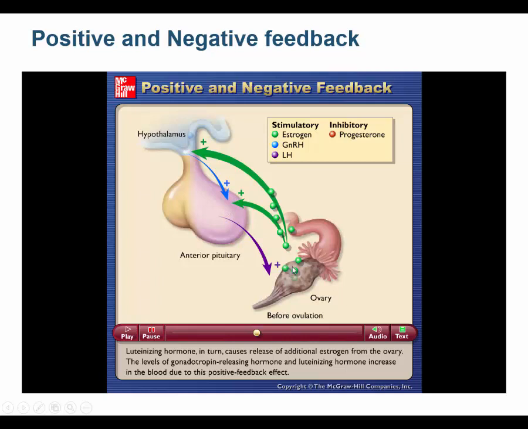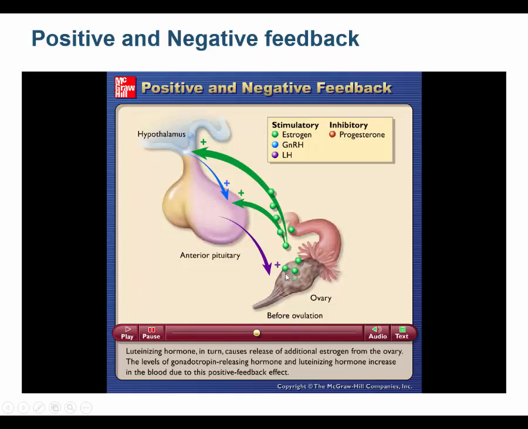So in essence, estrogen is turning on a whole bunch of luteinizing hormone, either directly or indirectly through GnRH. What does luteinizing hormone do? It causes the ovary to make more estrogen. That's a positive feedback loop. You didn't reverse the original stimulus. You enhanced or exacerbated the original stimulus. That's a positive feedback loop.